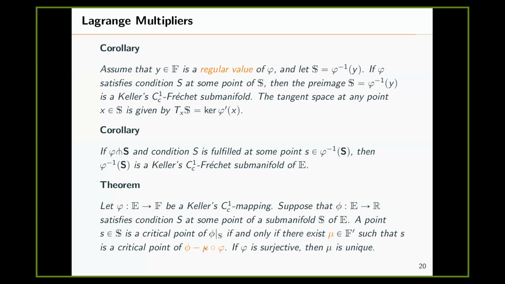So we have a precise and clear description of the critical points of the restriction in the presence of a surjective function. These elements mu of the dual space are known as the Lagrange multipliers.